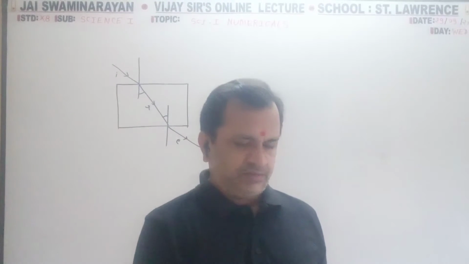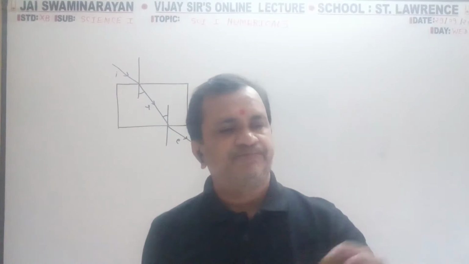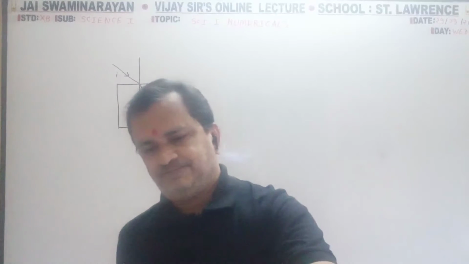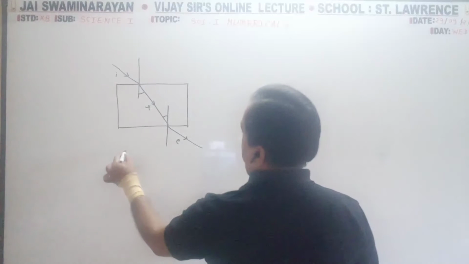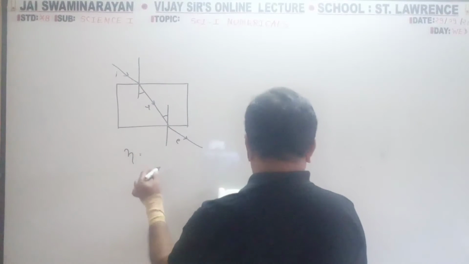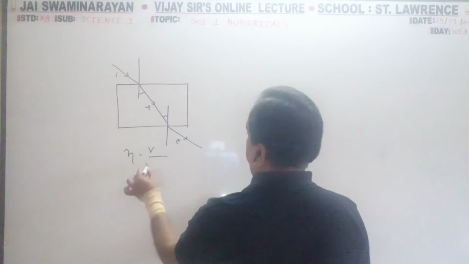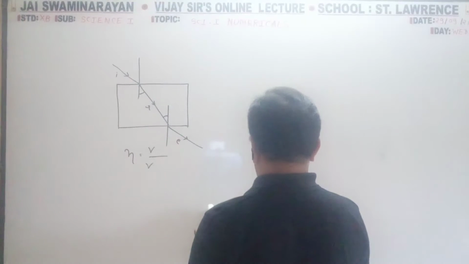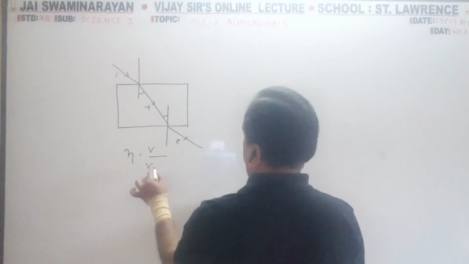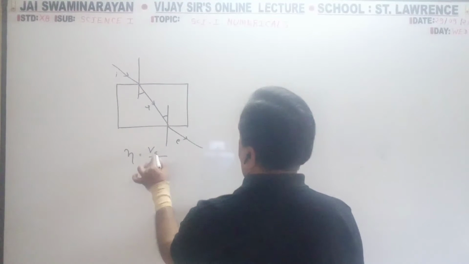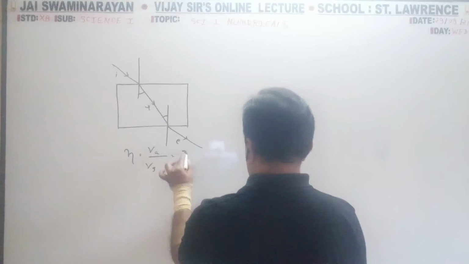What is given: velocity of glass with respect to air, it is given 3 by 2.